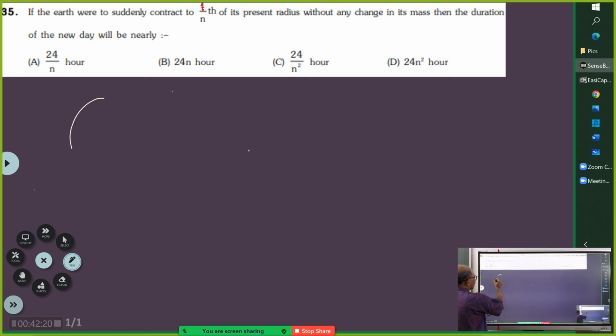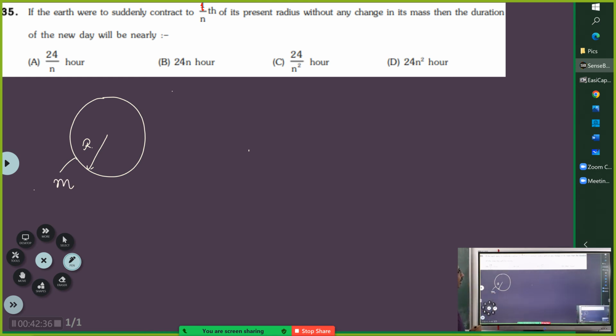So this was our Earth, beautiful Earth. Its radius is some r. Its mass is m.